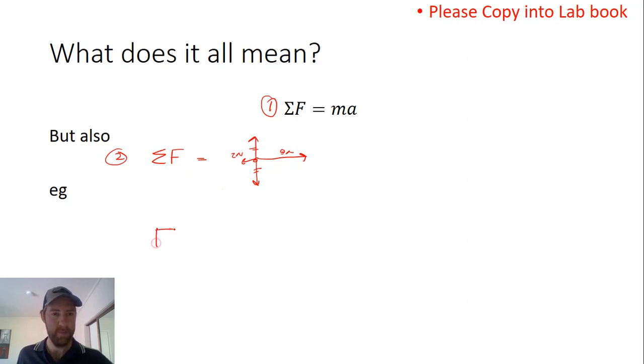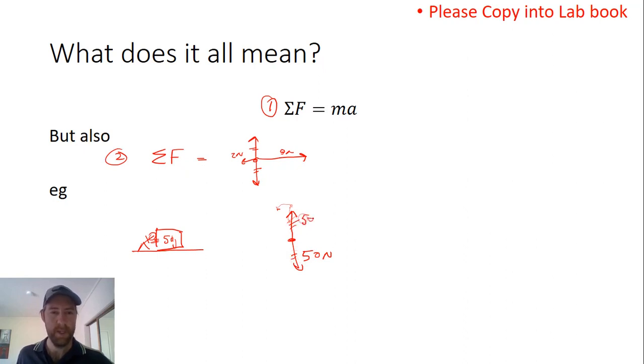So for example, let's say I've got a block of wood which is being pushed. My man's pushing it, and I draw a force diagram for it. Let's say it's a 5 kg block, and we'll make this really easy. We'll pretend that the strength of gravity is 10 newtons per kg, so I made that 50, just rounded it off.